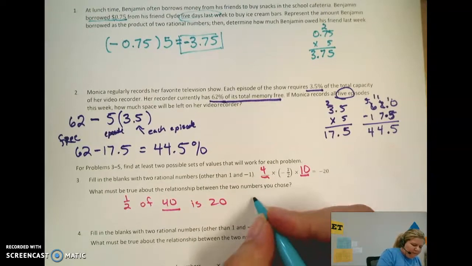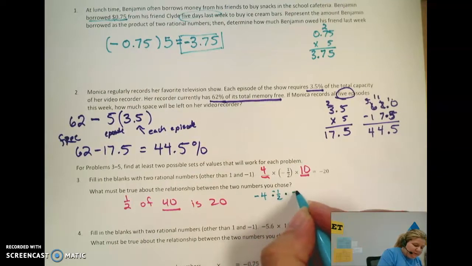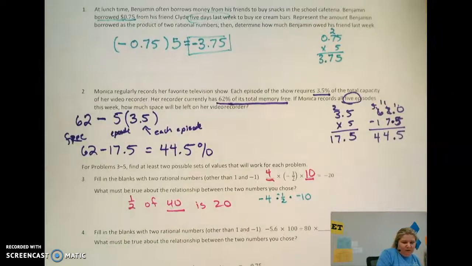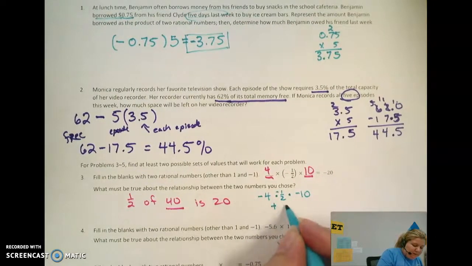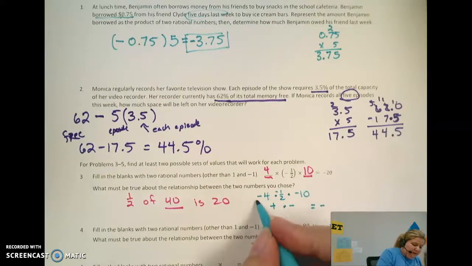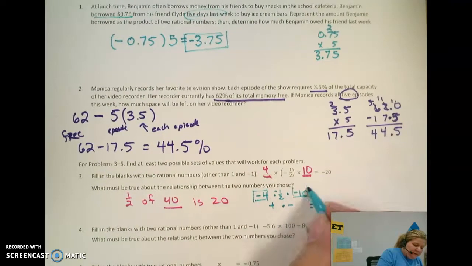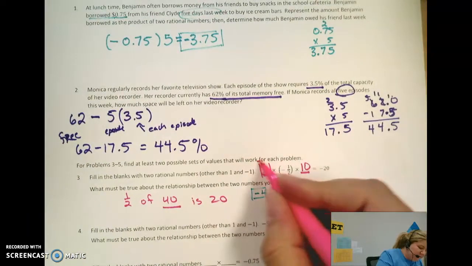What if I did this? -4 times -10, with -1/2 out front. What if they were all negative? Negative times negative gives you positive, and then a positive times a negative gives you a negative. So here they were both negatives. Up here they're both positives.